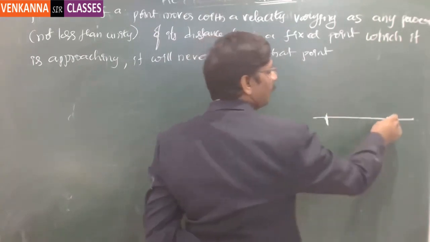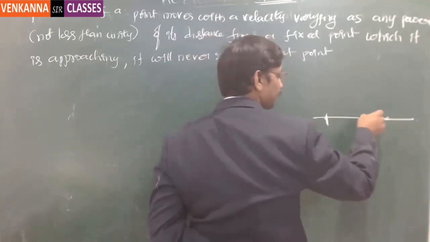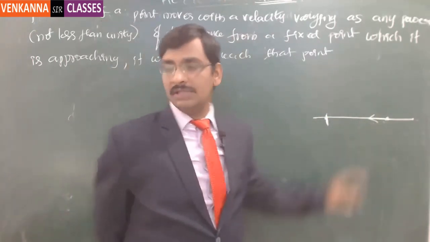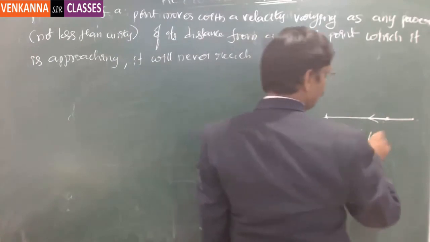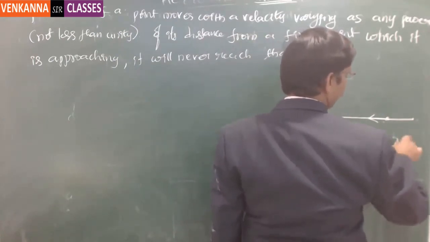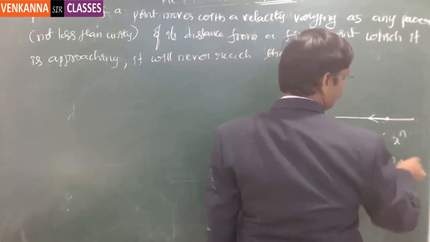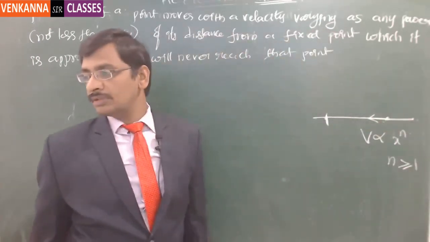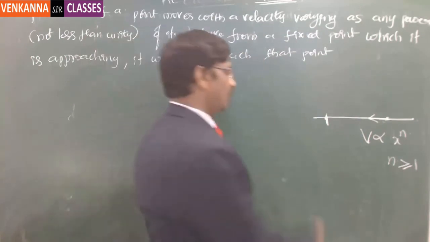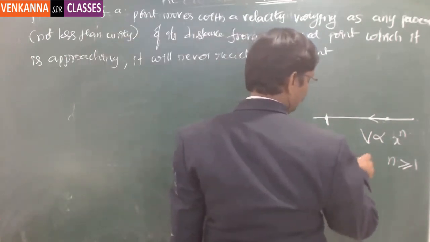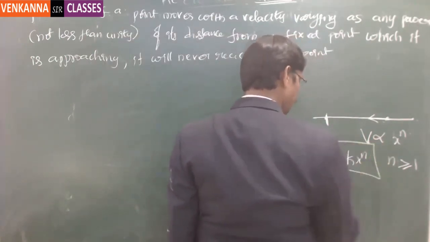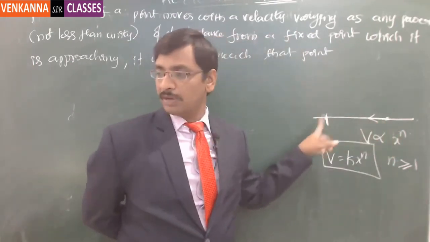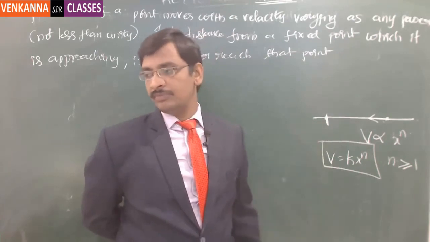Let us say a particle is trying to move in this direction, and the velocity of this particle is v, which is proportional to x power n, where n is greater than or equal to 1. So this is the condition. So v is directly proportional to x power n, or v is equal to k times x power n. Now he asked us to prove that this particle will try to reach this point, but it will never reach this point. Got it?